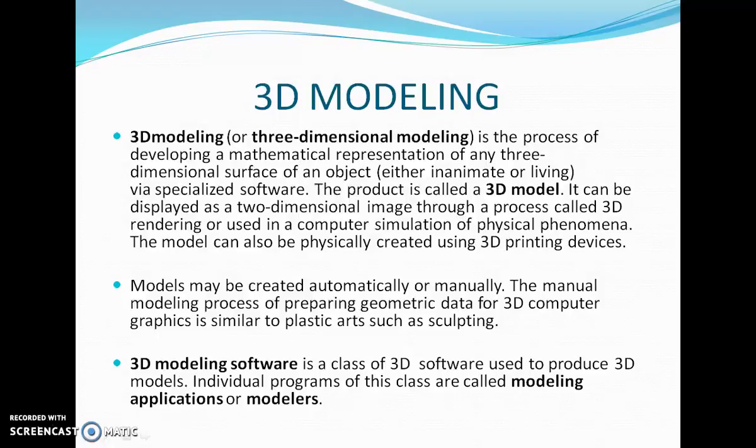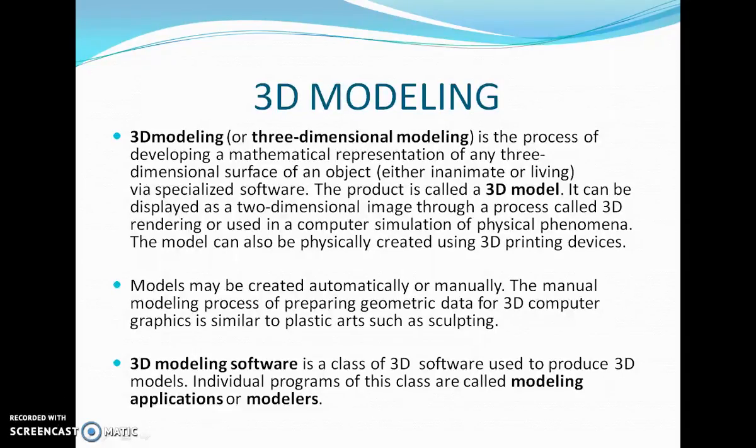It can be displayed as a two-dimensional image through a process called 3D rendering or used in a computer simulation of physical phenomena. The model can also be physically created using 3D printing devices. Models may be created automatically or manually.